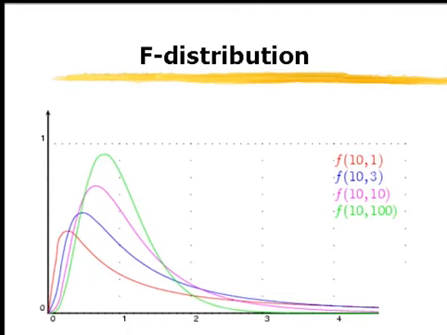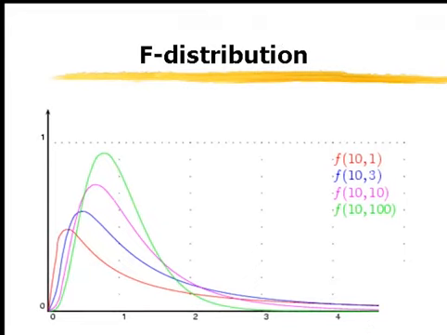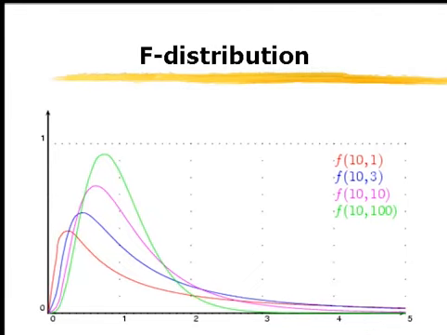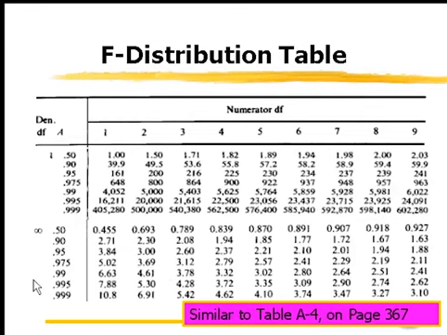So the thing to remember with an F distribution, much the same as with the t distribution, is that they both differ depending upon the degrees of freedom, and the critical value you'll find is smaller or larger depending upon the degrees of freedom.